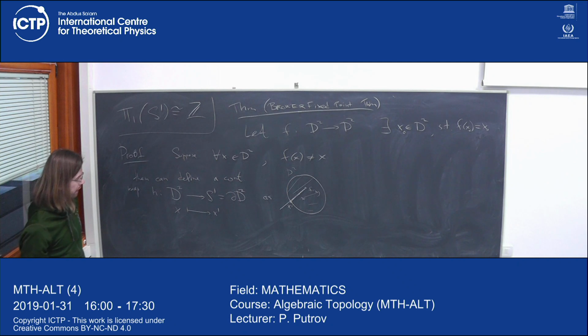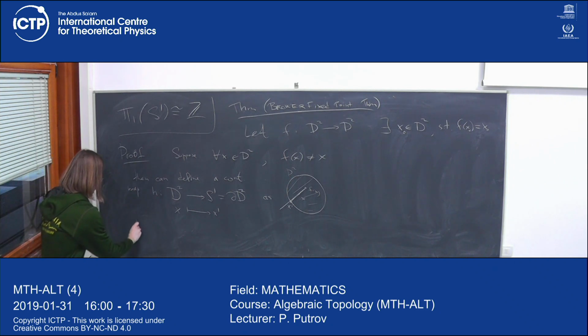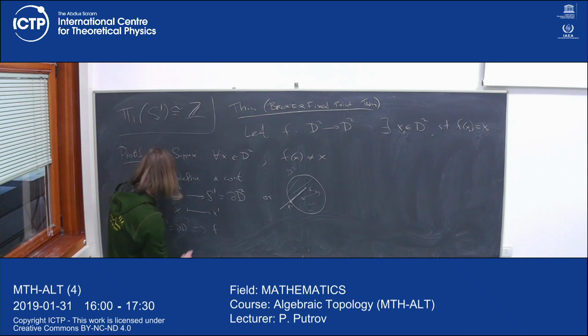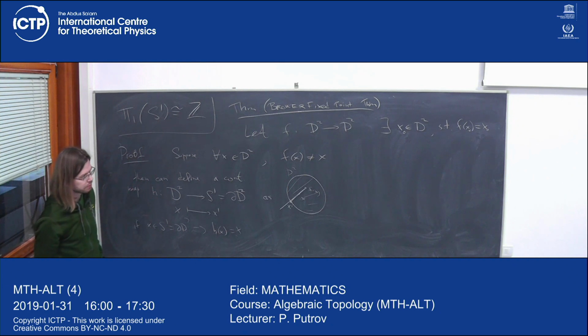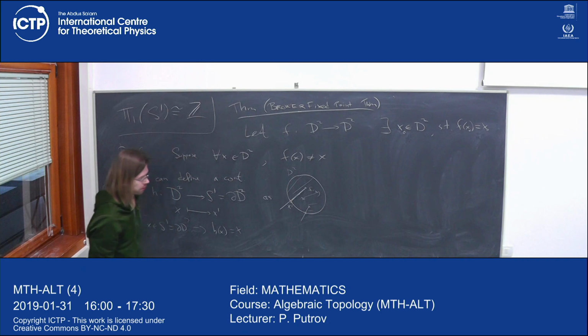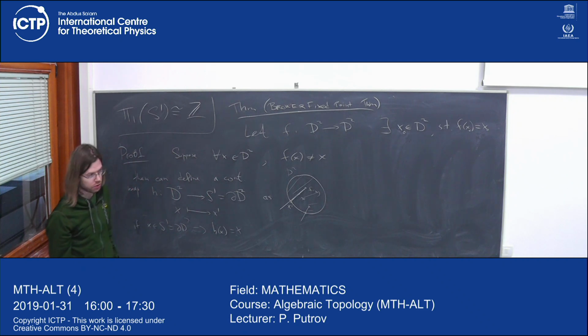So we define a continuous map from the disk to S1, and moreover we can see that if x belongs to S1 itself, to the boundary of the disk, then h of x is the same as x, right? Because if x is somewhere on the boundary, since we pick the intersection of the ray with the boundary, it must be the same as x.